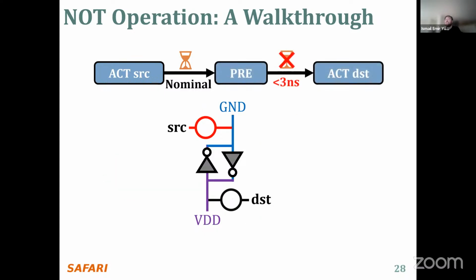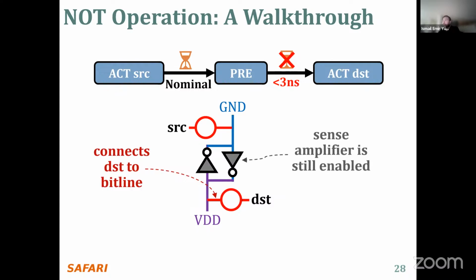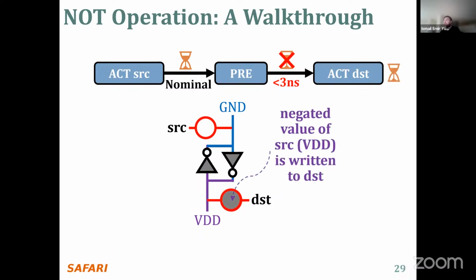And then we issue back-to-back precharge and activation. What happens is that it will connect the destination to its bitline and keep the sense amplifier still enabled, because we violate the timing and prevent the precharge circuitry from taking effect. And the destination's bitline is still at VDD. As a result, when we wait long enough, the negated value of the source is written to the destination.